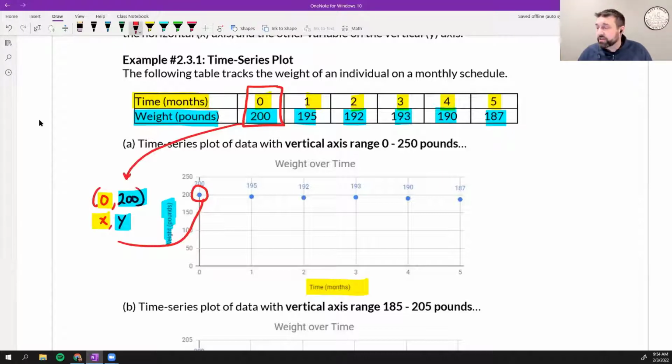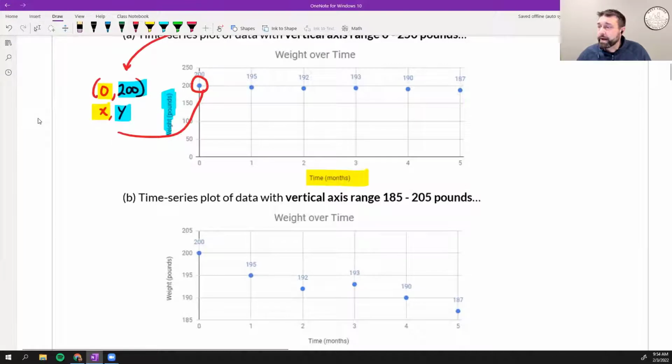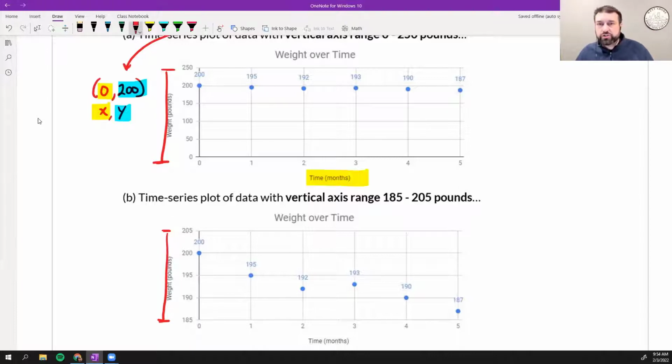One thing to notice is we're going to show you the top graph and the bottom graph, once again drawing your attention to acknowledging the scaling of the graph. The first graph goes from 0 to 250. The second graph goes from 185 to 205. So if you wanted to minimize the weight loss, you would show the top graph. It's like, oh, you barely lost any weight. Look at that, it's like a flat line.